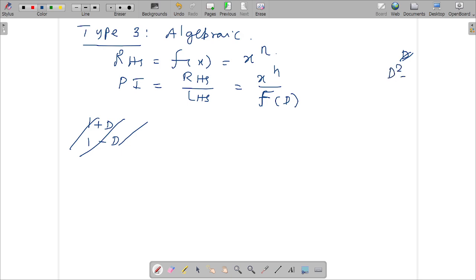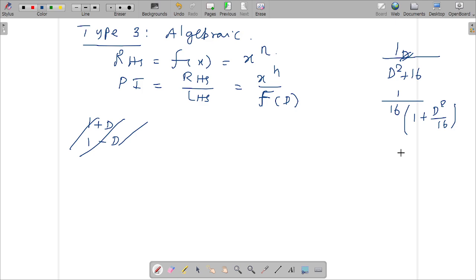D square plus 16 is there. In case it is 1 by D square plus 16, if I take that 16 outside, we can write this as 1 plus D square by 16.